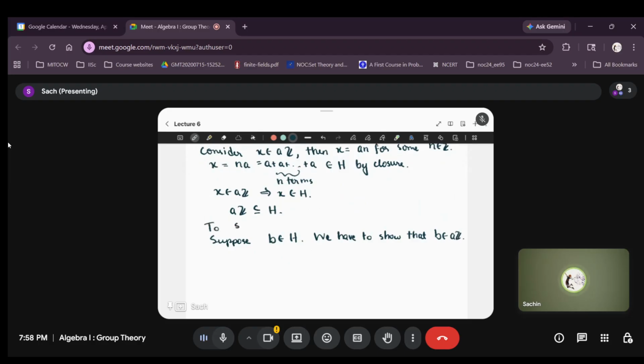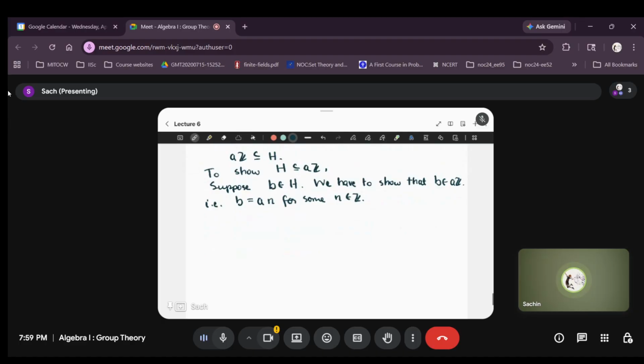So this is to show H is a subset of AZ. For any B in H, we have to show that B belongs to AZ. That is, we have to show B is equal to A times N for some integer N in Z.